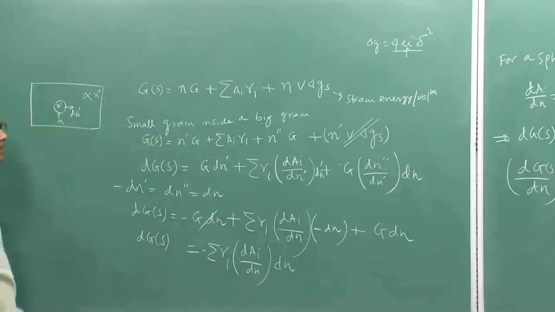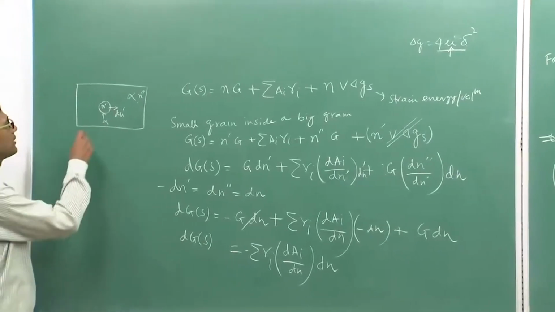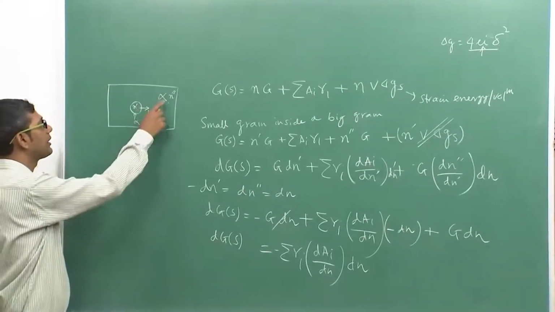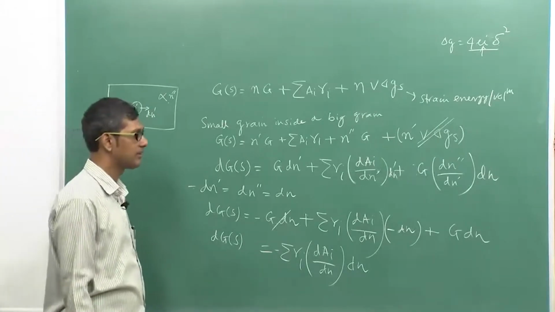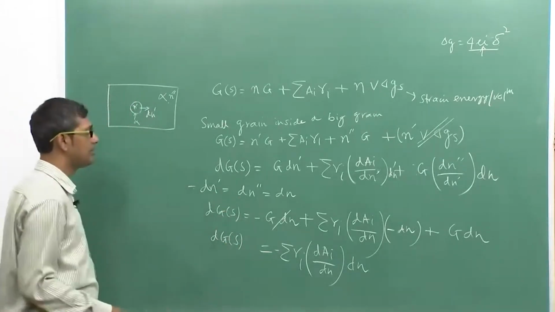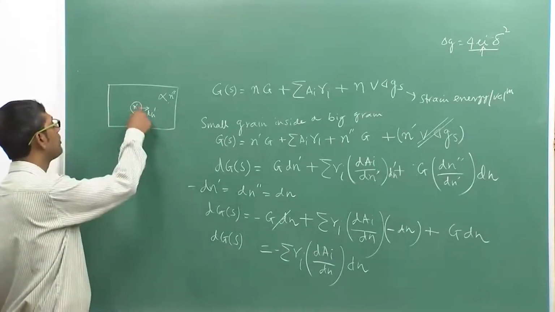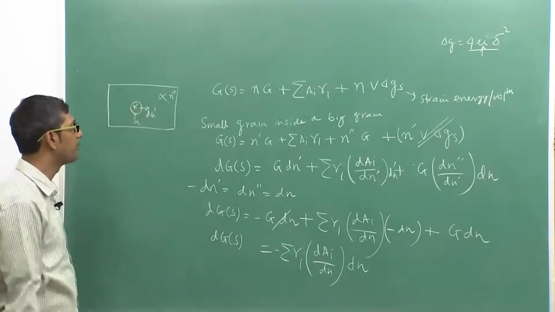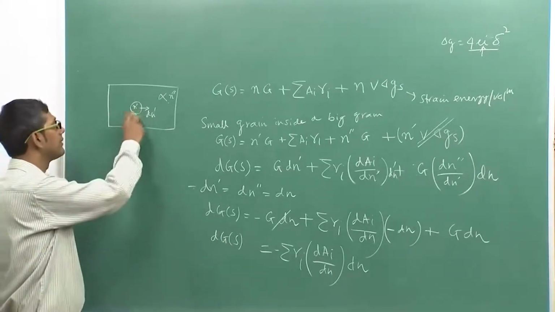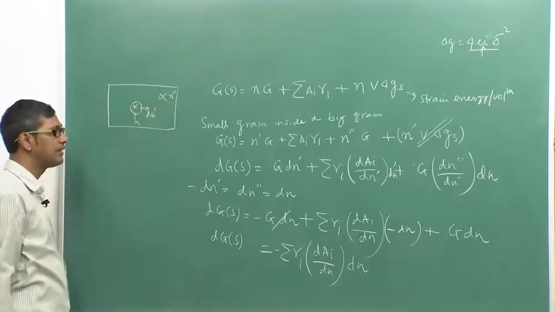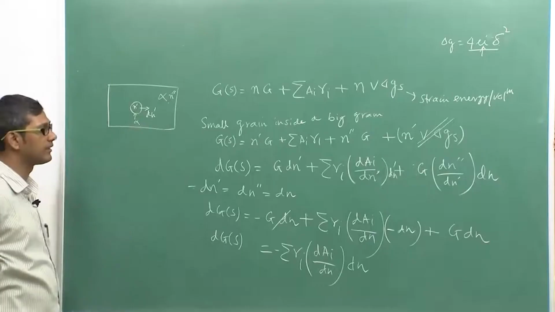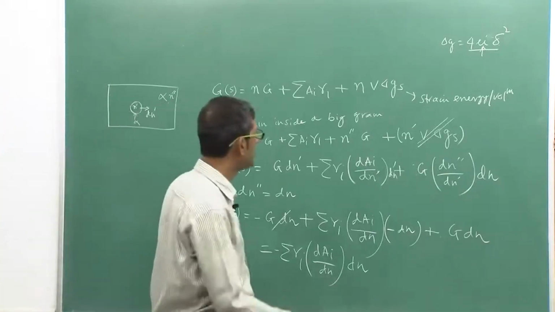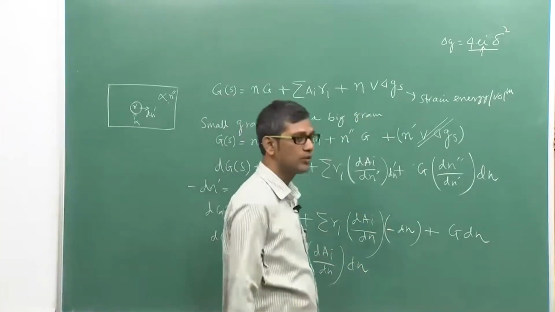This simple calculation tells you that this small grain will vanish very soon, because transport of the atoms from the small grain to the big grain leads to reduction of the free energy, or a negative value of delta G, and this negative value of delta G will make the small grain dissolve completely, or rather the small grain will be consumed by the big grain and this mass will be part of the big grain. And therefore, without considering the strain energy, this is what is going to happen.